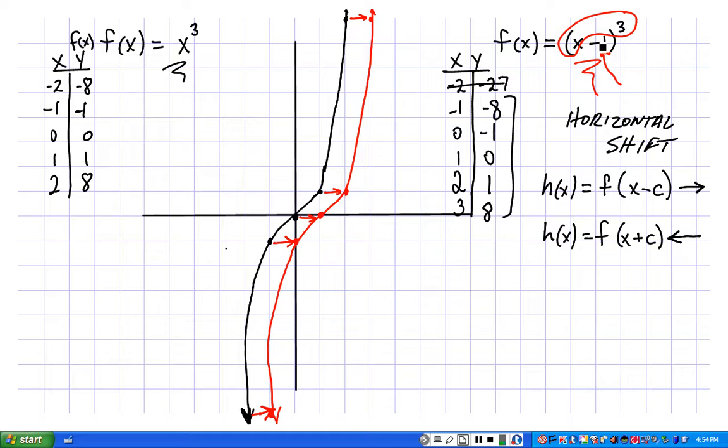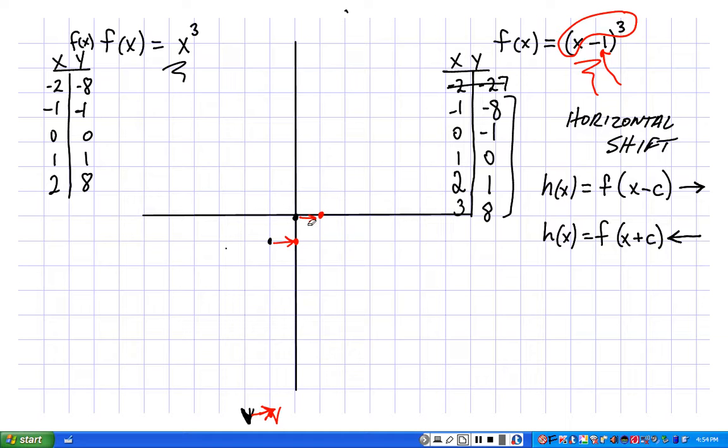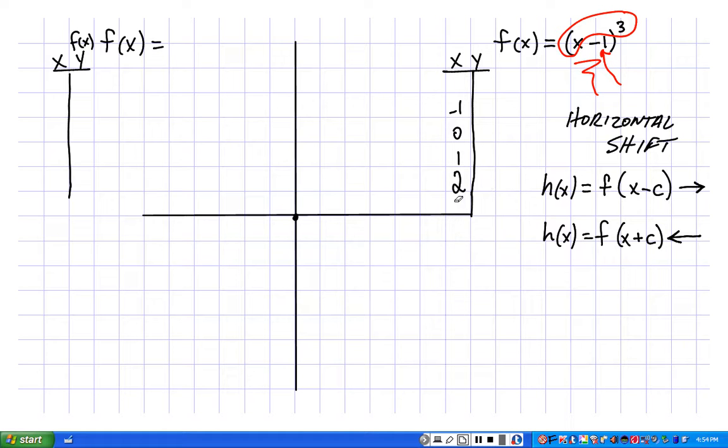Alright, so let's look at another function here. So let's erase. Okay, so now let's say we want our function to be absolute value of x.